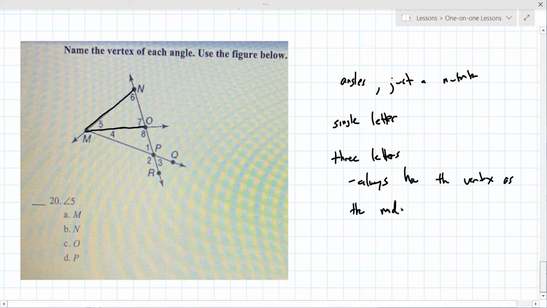So the example would be, okay, angle M could refer to this angle that we just grabbed, or something else. But with 3 letters, we can say angle N to M to O. Start at N, go to M, come back to O. So that middle letter is always the vertex.